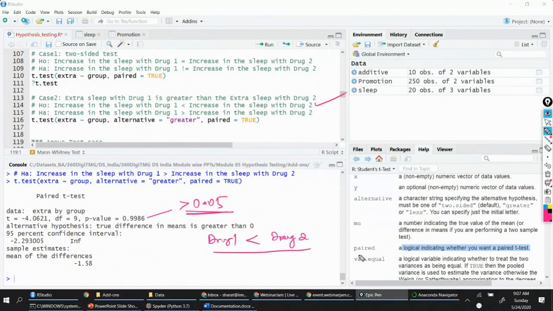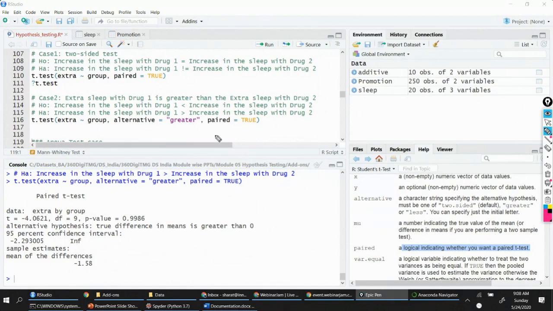So this is how we frame the statements. We have verified the evidence that the true mean difference is greater than 0. When we do the subtraction, we get a negative value, right? It's not greater than 0, because drug 1 is smaller and drug 2 is greater.